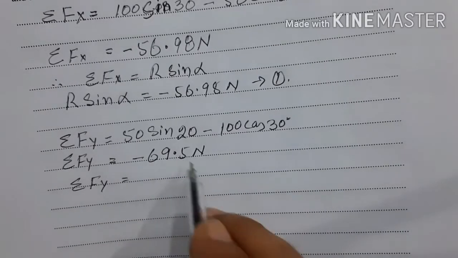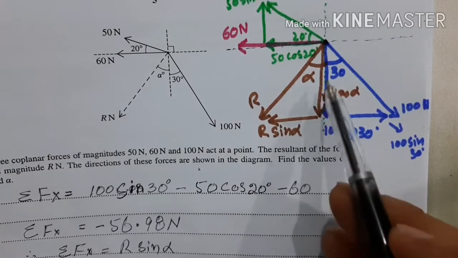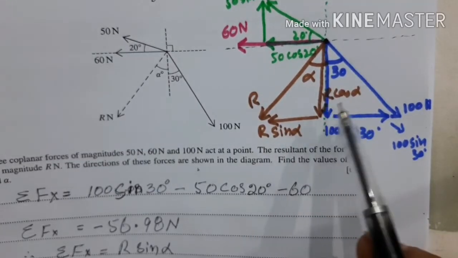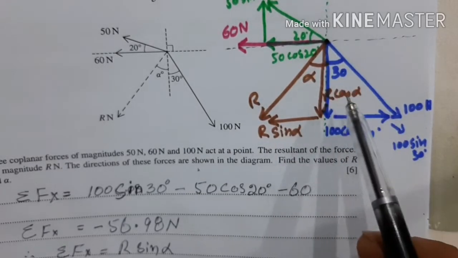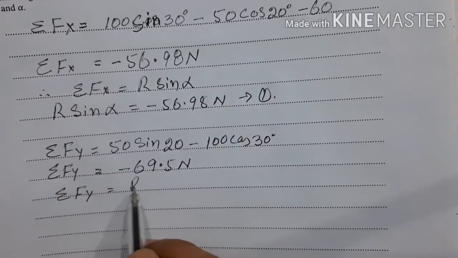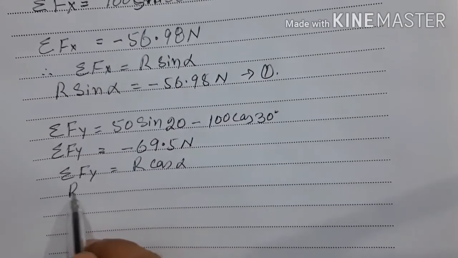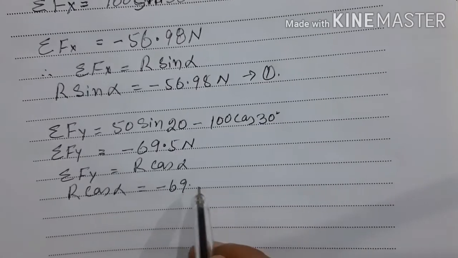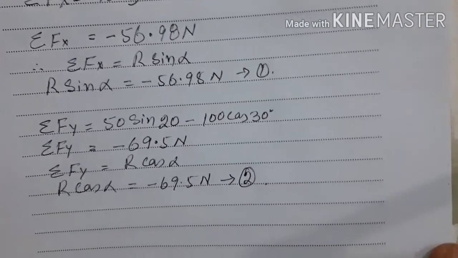Because this is the sum of all the vertical components, it should be equal to the vertical component of the resultant, because R is the resultant. The vertical component of the resultant is R cos alpha. So sigma Fy should be equal to R cos alpha. So I'll put the value here: R cos alpha is equal to minus 69.5 newtons. This is equation number 2.